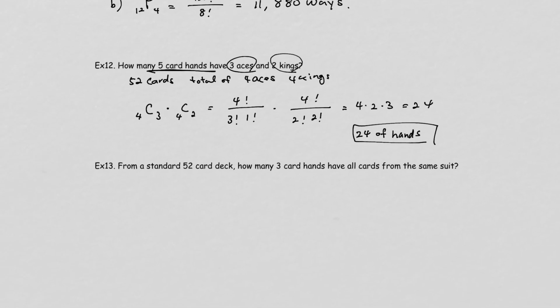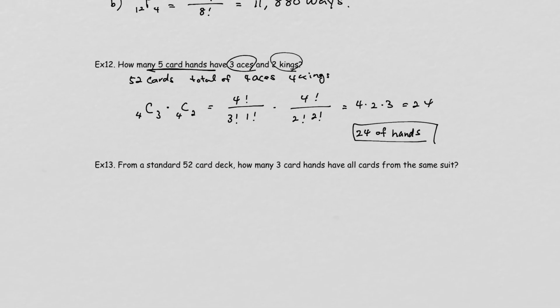Let's try one other problem with the cards again. You have 52 cards. How many 3-card hands have all cards from the same suit? You have 4 different suits, and each suit has 13 cards. So you will have 13 hearts, 13 diamonds, and so on, right? So you have 4 different suits, and out of 13, you're picking 3.